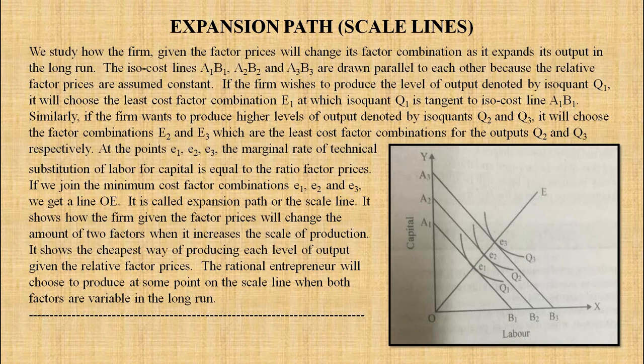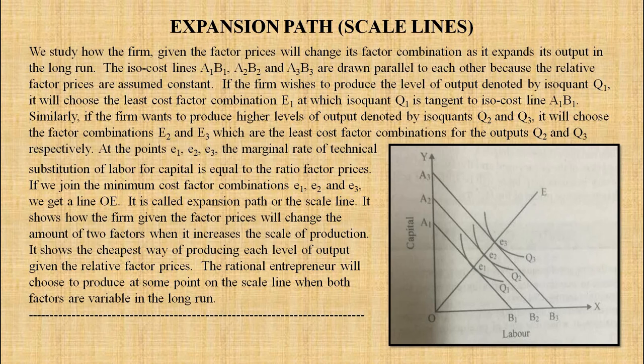If the firm wishes to produce the level of output denoted by isoquant Q1, Q2, Q3, it will choose the least cost factor combination, that is E1, at which the isoquant Q1 is tangent to the isocost line A1B1.